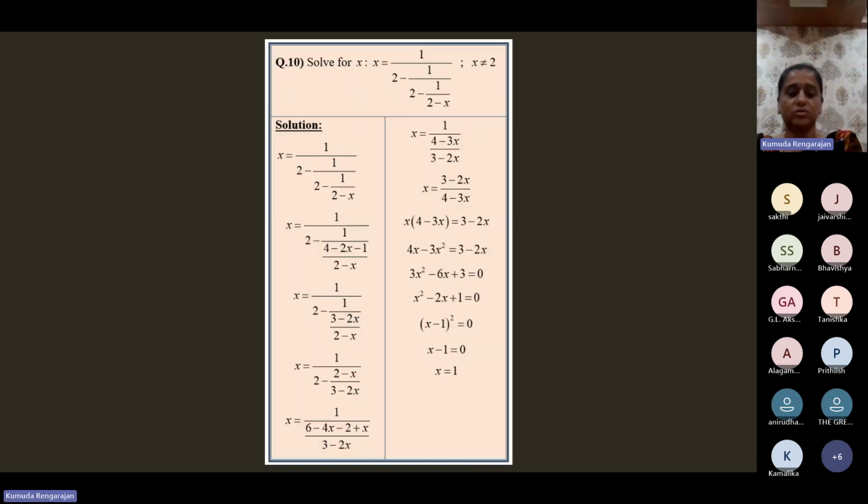So it's time, so I'll just leave this to you. It's just taking repeated LCM. Here it's only about taking repeated LCM.